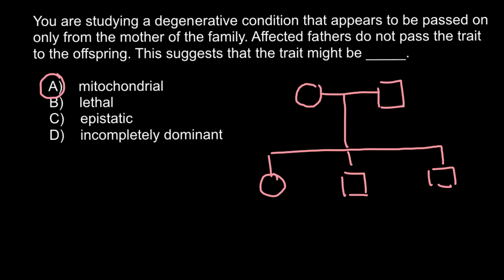So, if this is a mitochondrial genetic disorder, we would see the following pattern. If the mother has this genetic disorder, all of her children also would have this genetic disorder. But only the daughter can pass this genetic disease to her children.